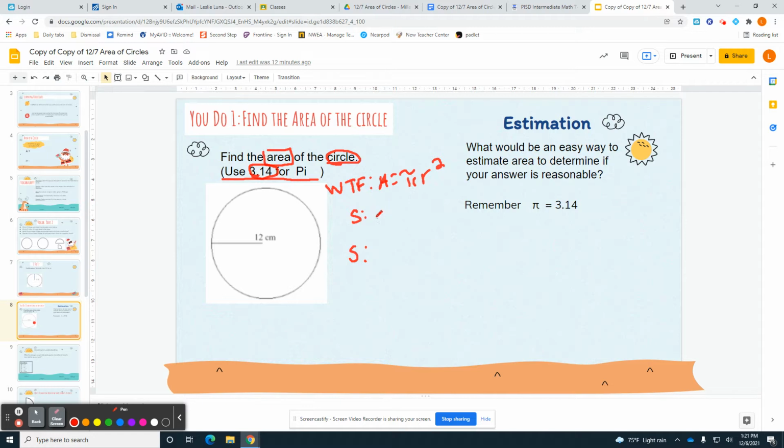Then you're going to substitute. What do we use for pi? Well, it tells us to use 3.14. And then r squared would be 12 squared. Okay, so you're going to finish solving that out. I'm not solving it. It is a you do. Okay, you should have that in your notes. So when you turn it in, that's part of what I will be looking for.